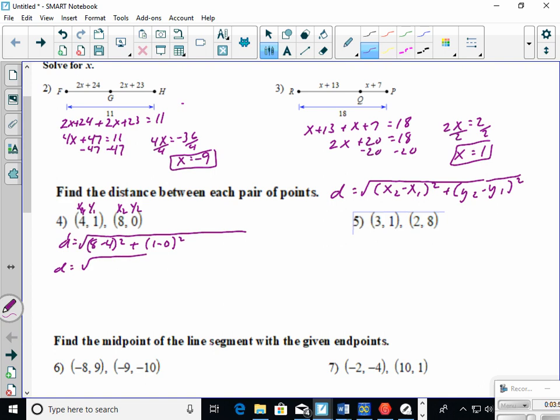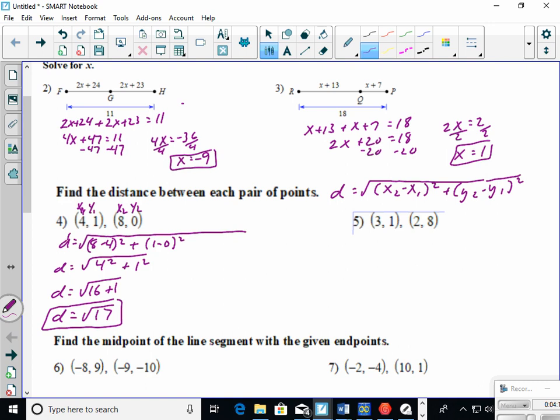That's going to give us 8 minus 4, or 4 squared, plus 1 squared. Four squared is 16, plus 1 squared. 1 squared is 1. So our distance is going to be the square root of 17 for that one.